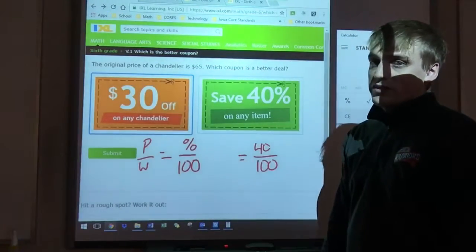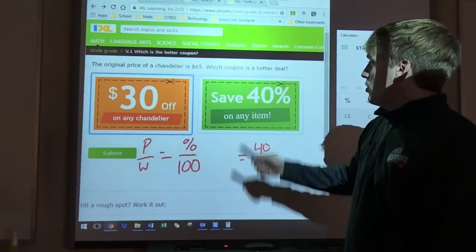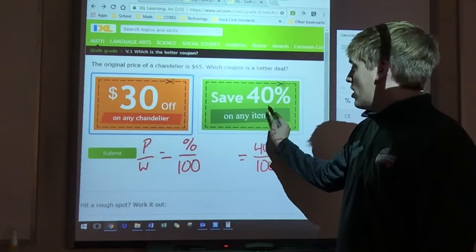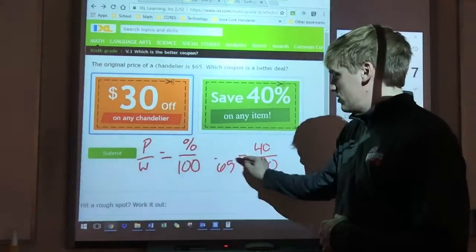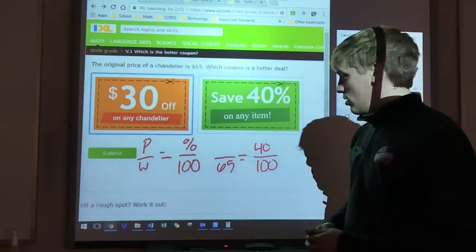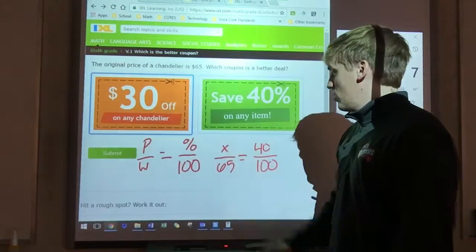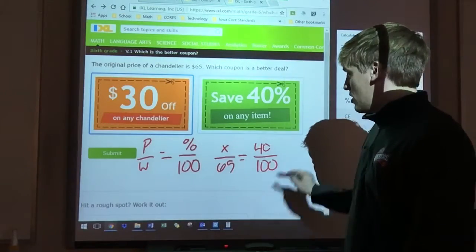That's the original price of the chandelier. We want to know how much you're going to get off for 40%. So our answer has to be less than 65. So 65 is the whole amount, and the part is what we're trying to figure out.